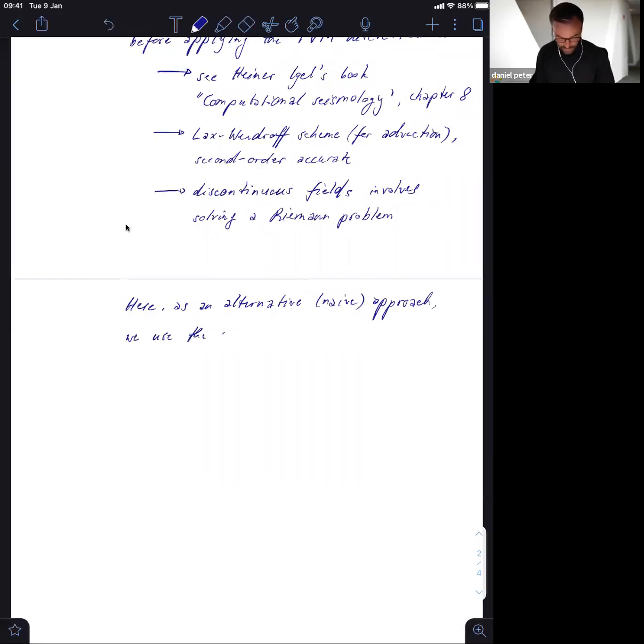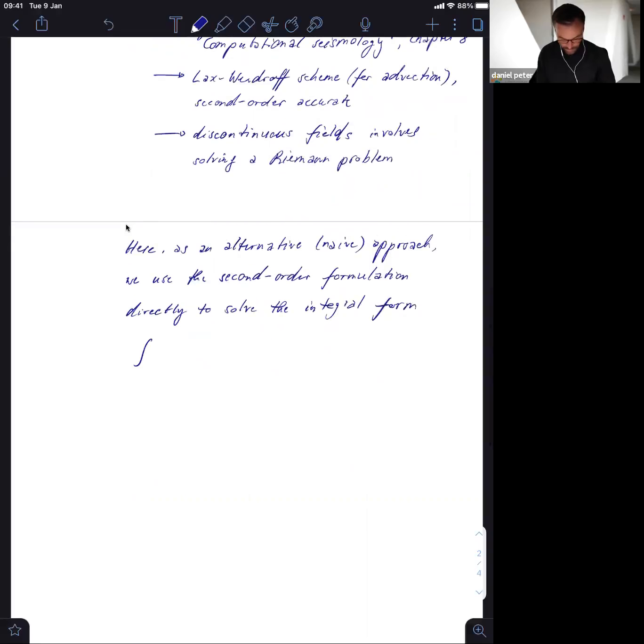We use the second order formulation of the wave equation directly to solve the following integral form.